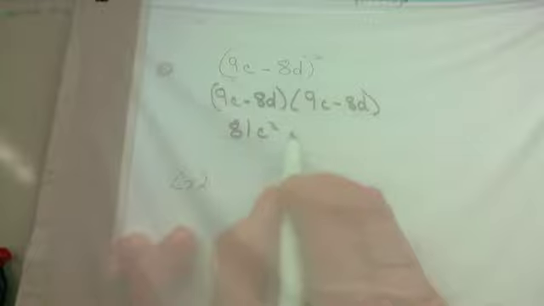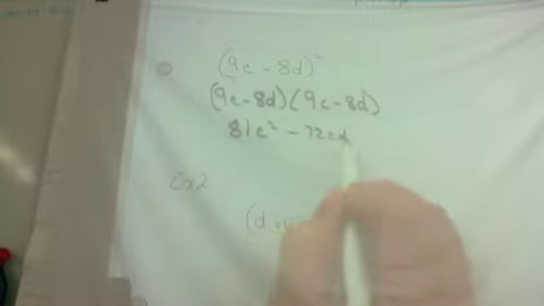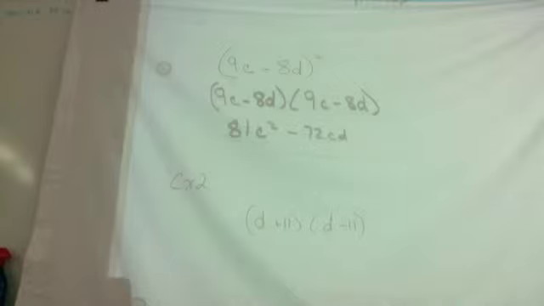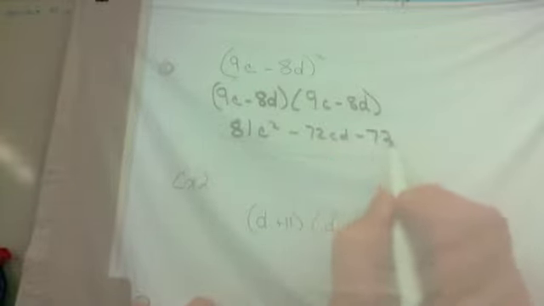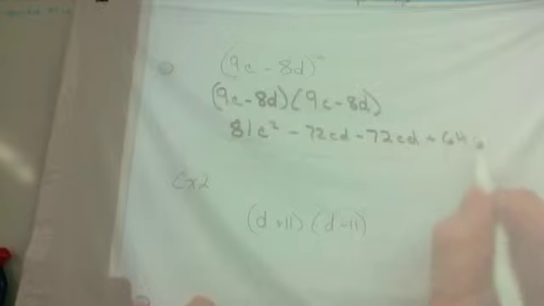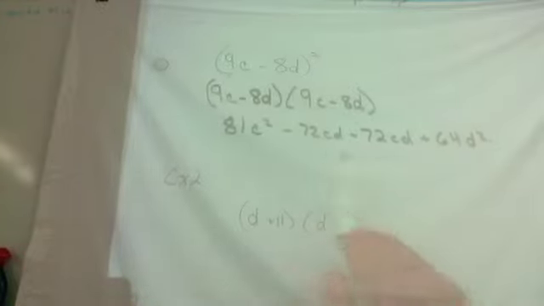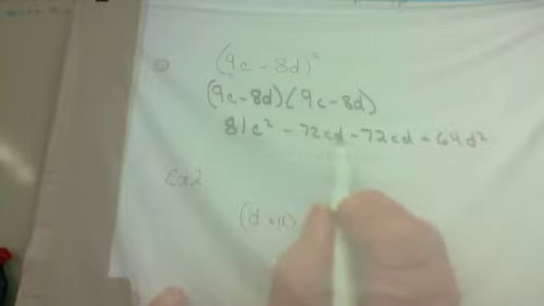I'm going to get the negative 72cd, and then I'm going to multiply the inner terms, and I'm going to get another negative 72cd. And then a negative times a negative is a positive 64d squared. All right, and then again, my inner terms group, because they're like terms, they both have a c and a d in it.